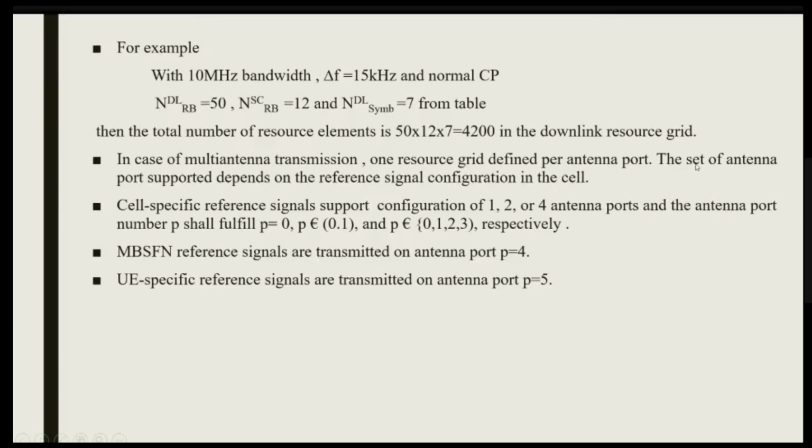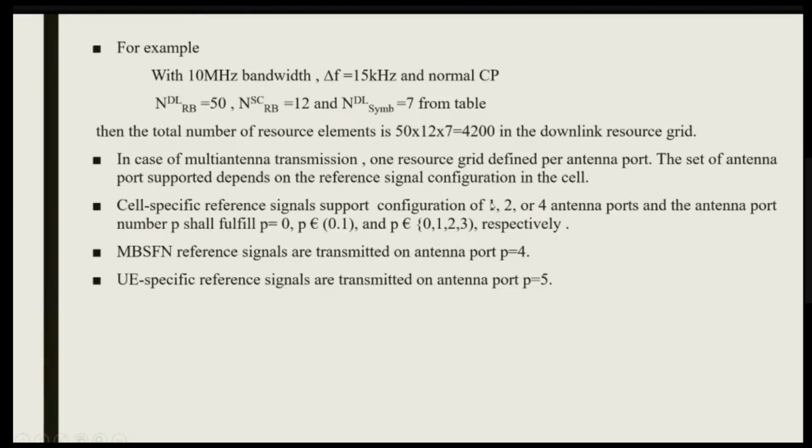And the set of antenna ports supported depends upon the reference signal configuration in the cell. There are different reference signals considered. The cell-specific reference signal will support the configuration of either 1, 2, or 4 antenna ports. And the antenna port number p shall fulfill the condition p belongs to {0}, {0, 1}, or {0, 1, 2, 3} respectively.